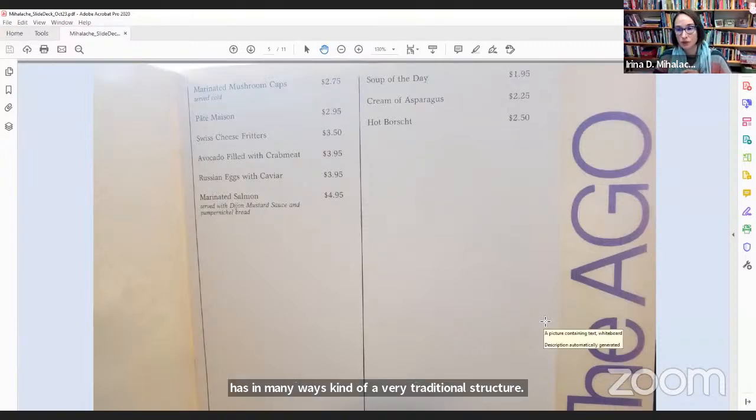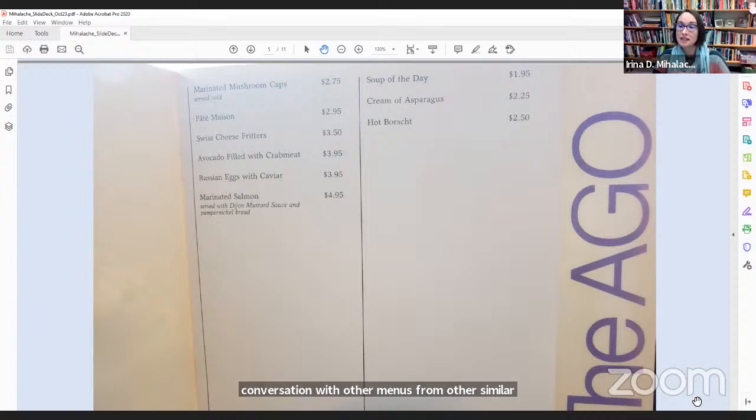I'll leave it here just for a second so you get a sense of the type of dishes that you would be able to encounter. It's also interesting to look at this menu in conversation with other menus from other similar restaurants in the 1980s, but also to think about the type of cultural influences that would make their way into the menu.